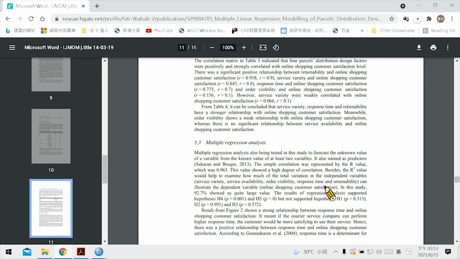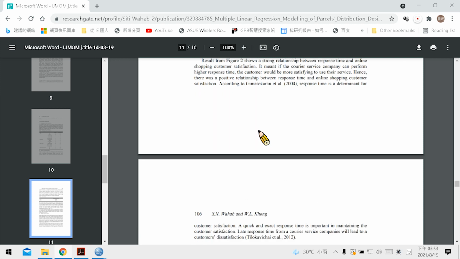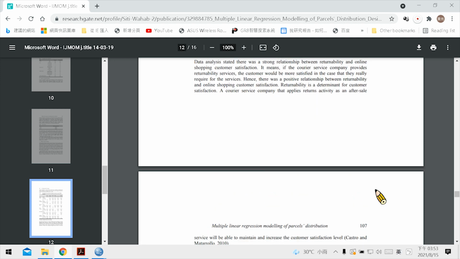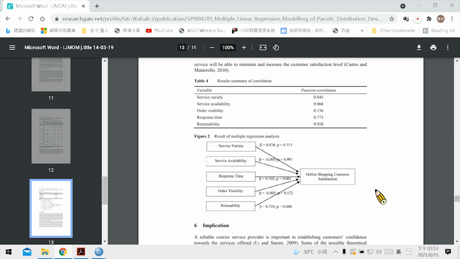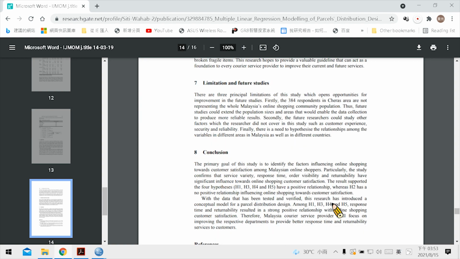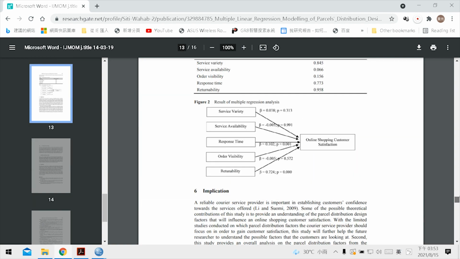And multiple regression, you can see in here. This is the correlation, and in here, correlation. He needs to have the table, but he didn't show the table.